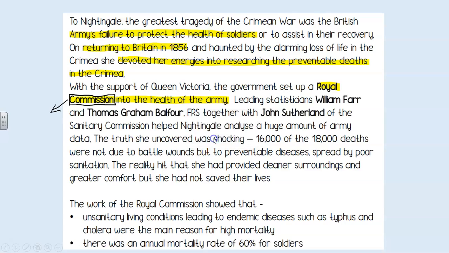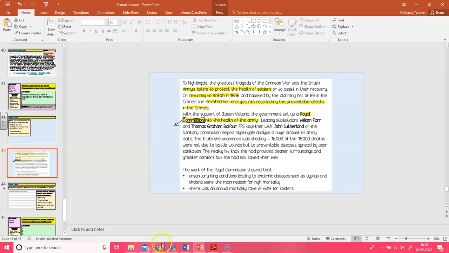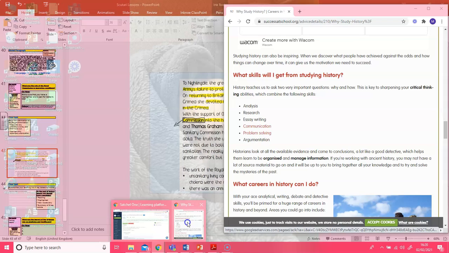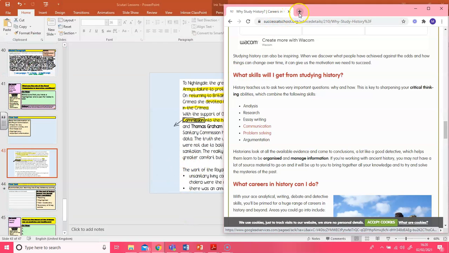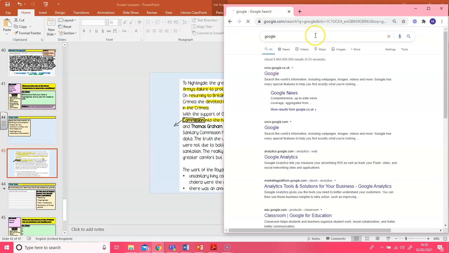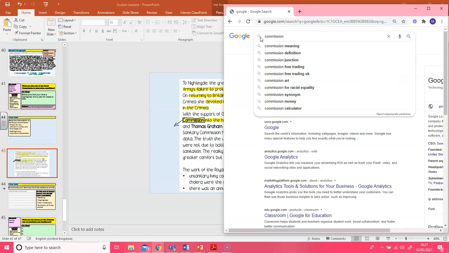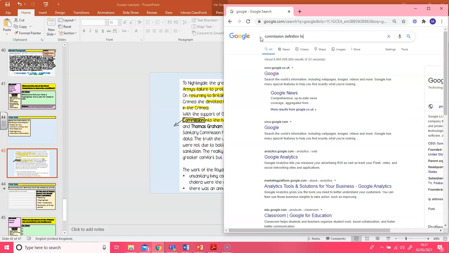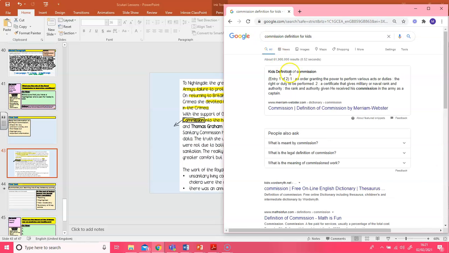So we'll go to a new page in Google. We will search up the word commission, and we'll do, like I said, commission definition for kids, and then hopefully we'll get a nice simple definition here.